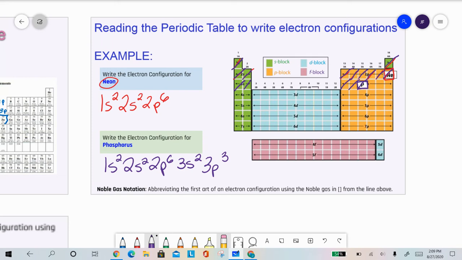What I'm going to have you notice is that this section of the electron configuration for both of these is exactly the same because they fill in the same order. So we are going to do noble gas notation, where instead of writing all of this out, I can just write that piece as my noble gas in brackets.